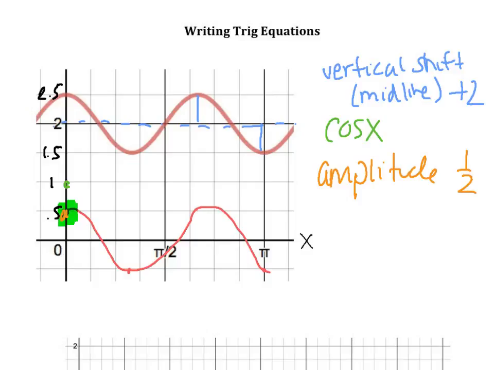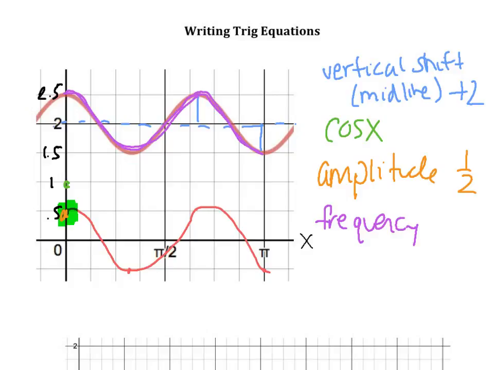Now the last thing I need to figure out is what my frequency is going to be. What I see here is one period between 0 and a little bit after half. But I'm going to keep on going, and if you notice, between 0 and pi, I make one full wave plus half of another.